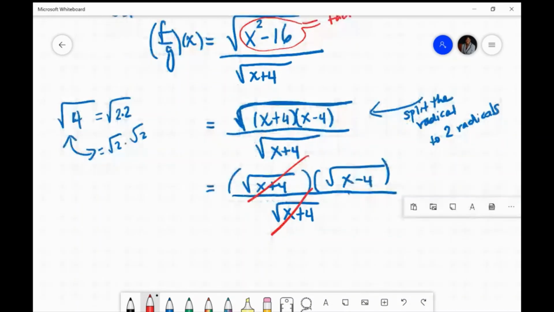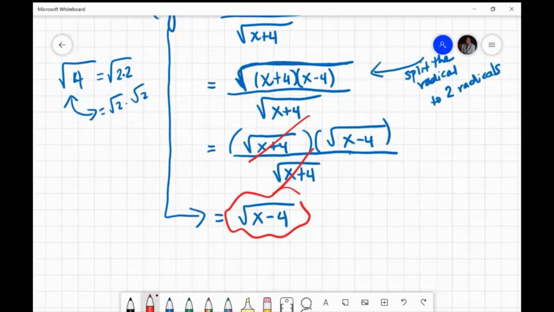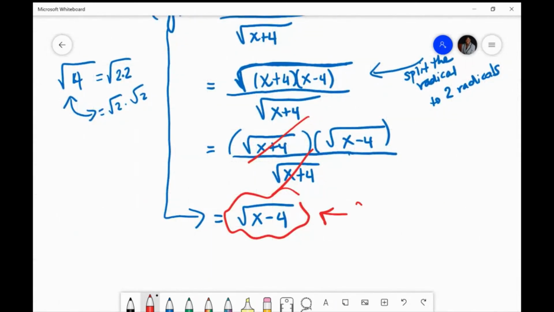So really what f divided by g of x is, it really is just square root of x minus 4. If you simplify it, that's really the final answer right here. Now, you get that? This is the final answer. Yeah, I got it. All right. So that's all you need to put in Webwork.